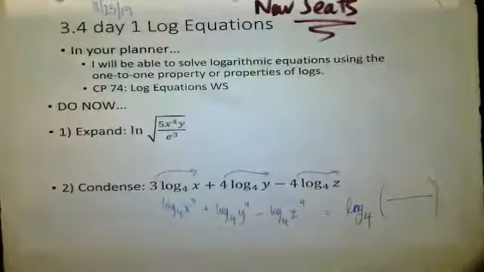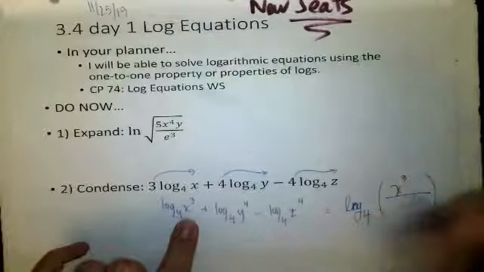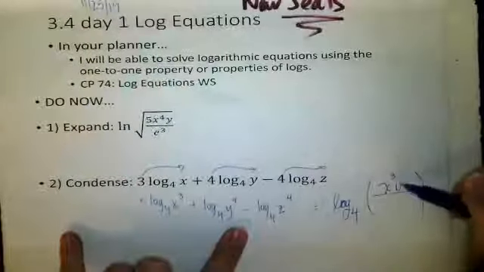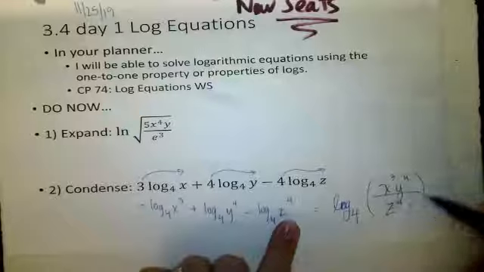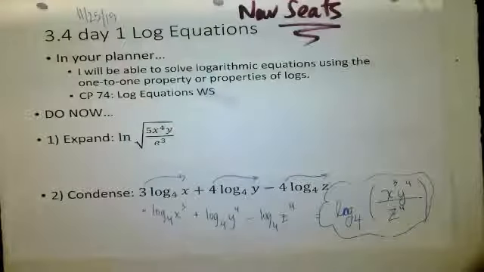And then we just have to decide what goes on top or bottom. So x cubed goes on the top because it's positive. y to the 4th goes on the top, and z to the 4th goes on the bottom. And that's a very simple way to condense using our log properties.